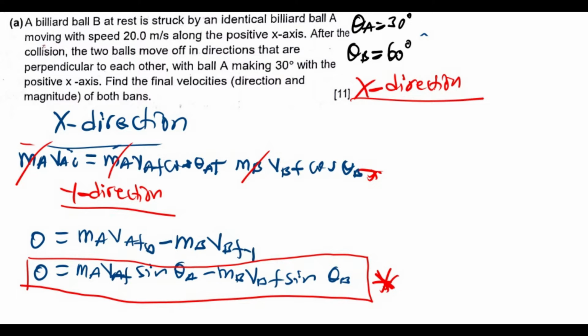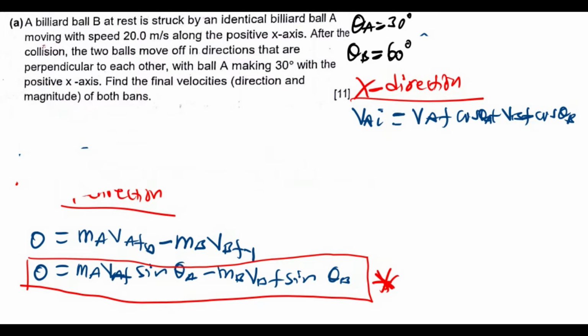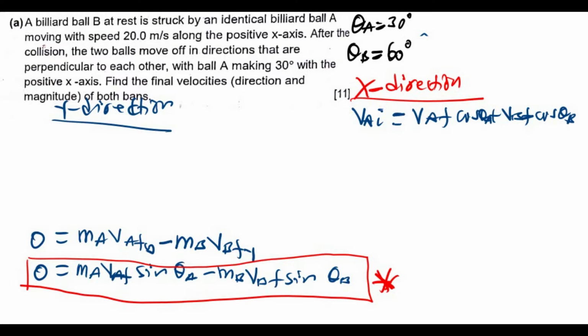So the x direction formula is going to be further simplified as VA initial is equal to VA final cos theta A, plus VB final cos theta B. We move this, then I'm going to put y direction here. If I want, I can shift this to the other side, to the left side.